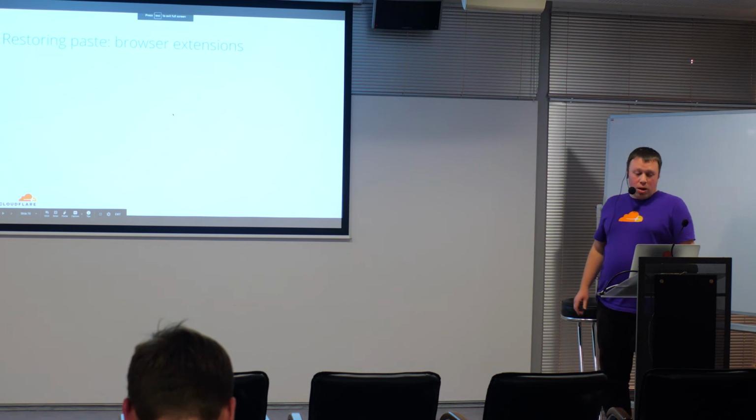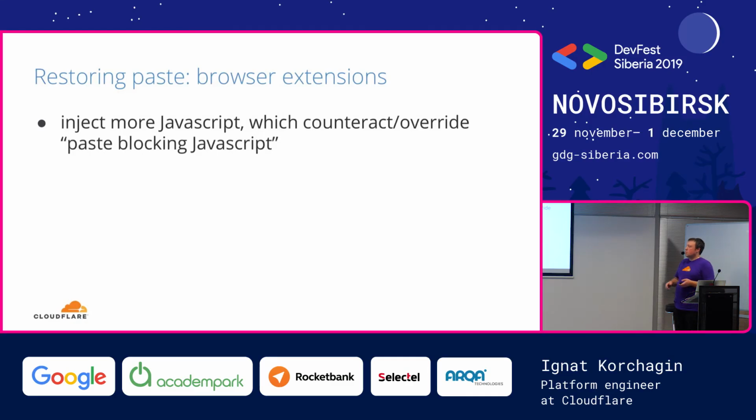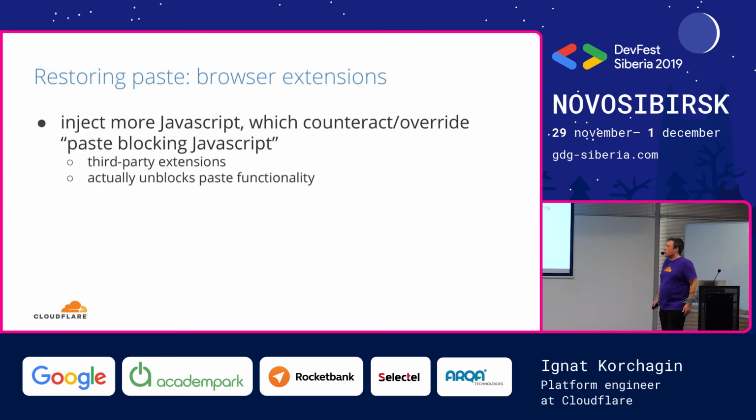Okay, so browser extensions basically work in two ways. The first one we just saw is a third-party browser extension. They inject more JavaScript, which tries to counteract the evil JavaScript that blocks paste. They're usually third-party, they don't have access to your passwords, and they just try to unblock the paste functionality.